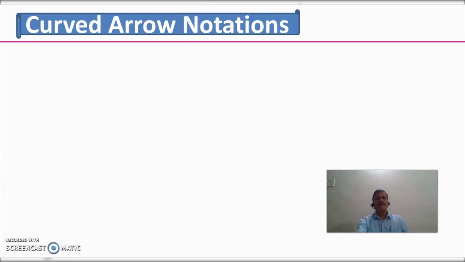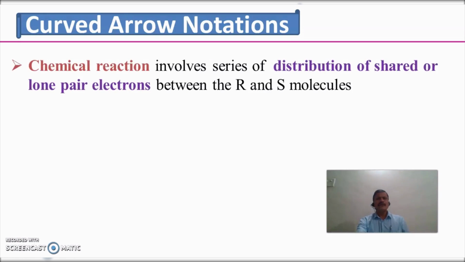Now we will begin with our actual exercise, and we will discuss in this video lecture curve arrow notations in details. So what is a chemical reaction? We will begin with a very simple aspect of chemical reaction, where distribution of lone pairs between the substrate and reactant molecule takes place, and there is a formation of product.